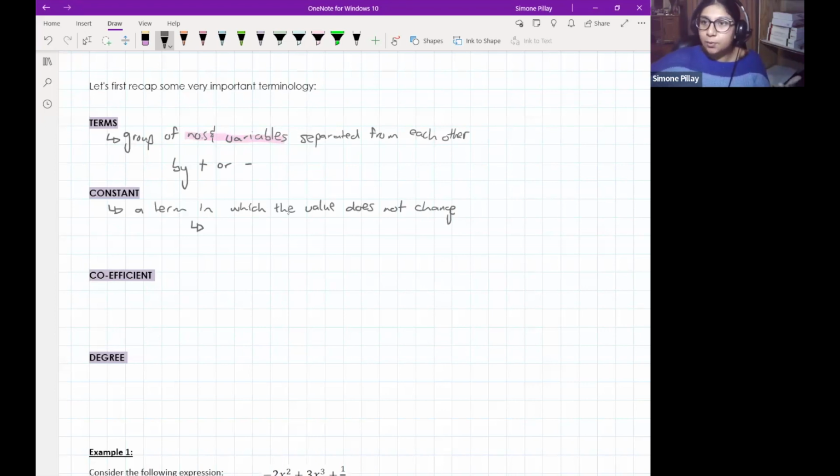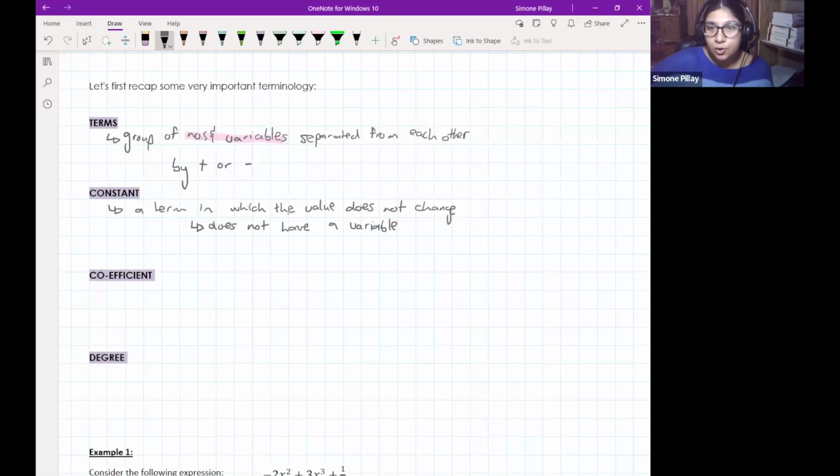A variable, we call it a variable because a variable is something that changes. So when something is a constant, it can't have a variable because a variable will cause it to change. And what do we know about a constant? A constant does not change in value. And so we can say a constant does not have a variable.